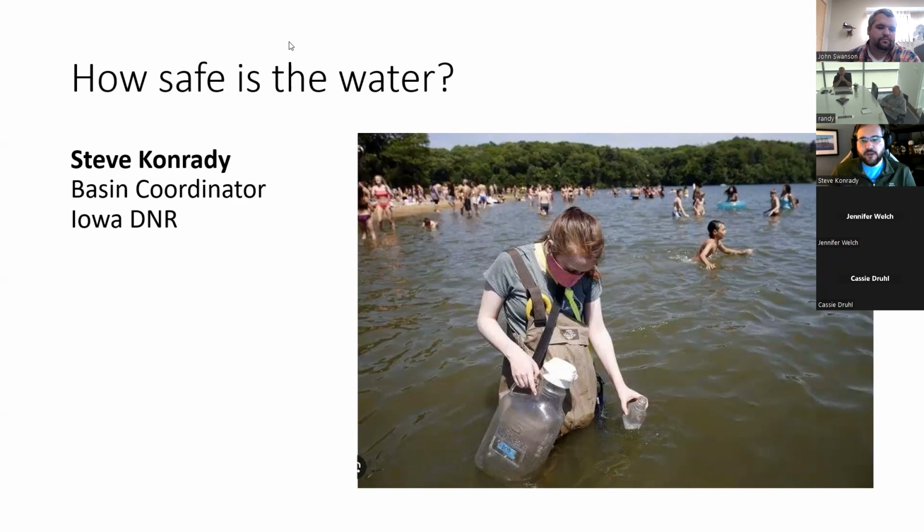So there is some benefit to a floating dock structure, or just jumping off a dock in particular versus jumping in from a beach. That ankle-deep level along the beach tends to have some of the highest water-based bacteria concentrations that we see. So there's a lot of things that go into that, and it's really hard to provide a one-size-fits-all answer to those questions about risk at our beaches.